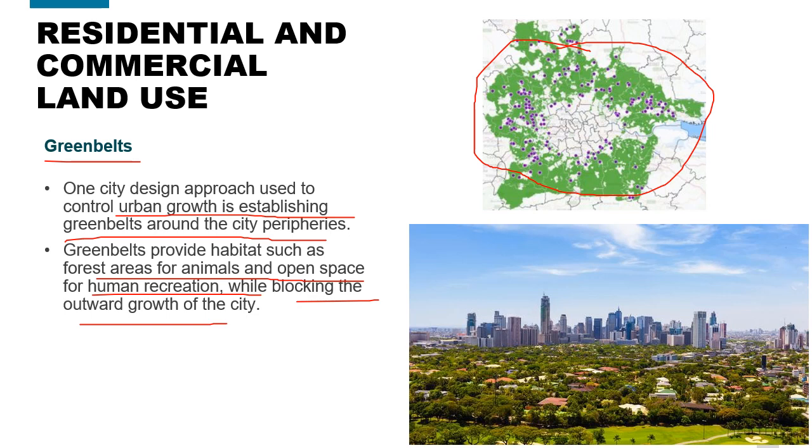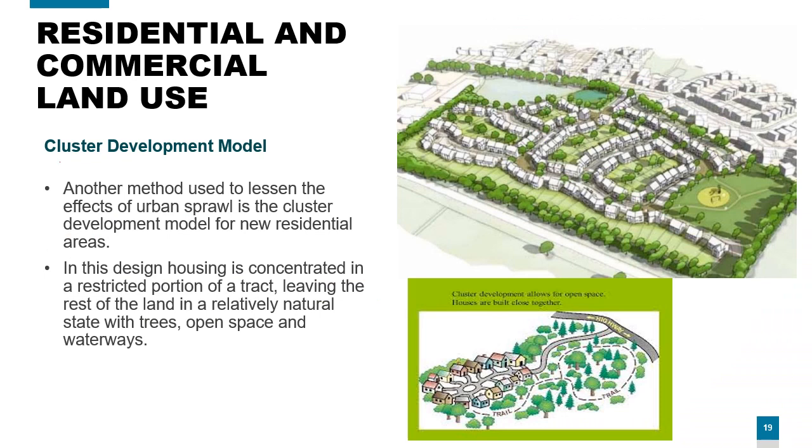So, now, we have here the cluster development model. Another method used to lessen the effects of urban sprawl is the cluster development model for new residential areas. So kung makikita ninyo dito sa picture, makikita pa din natin na may mga green spaces pa rin yan. Okay? So hindi lahat ng spaces dito sa residential area na to is designed para patayuan ng mga bahay.